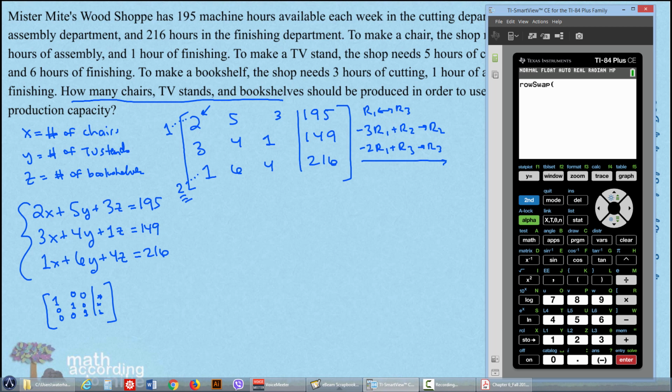The first one is the name of the matrix. So go back to second matrix. And under names, select the matrix that you created. I created matrix A. Comma is above the 7. And then we're swapping rows 1 and 3. So 1, comma 3. Don't hit enter yet.